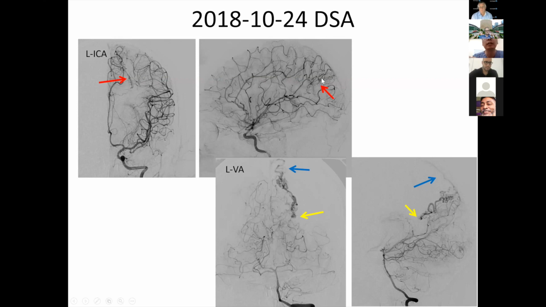You can see the very diffusive nidus. And the nidus is shown better through the vertebral artery injection. The yellow arrow indicates the aneurysm-like structure. And the blue arrow indicates the draining vein, the irregular shape.